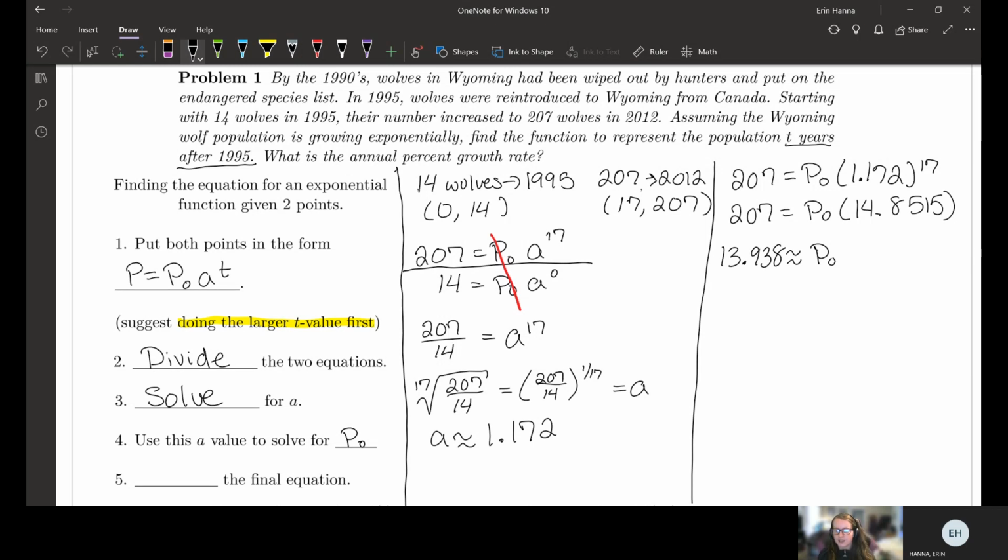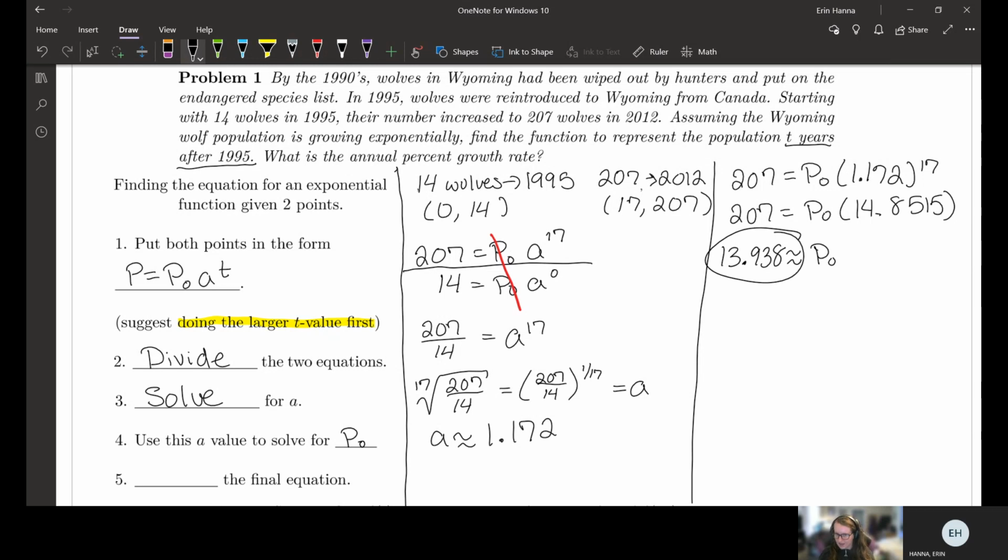And you might be saying, well, hold on, you just said that P naught was 14. Yes, we know that it's 14, so I'm actually going to use 14 for the actual equation. But because we have to round so many times, I had to round here when I took the 17th root of 207 over 14. Because of this rounding, that's going to make this not exactly 14.